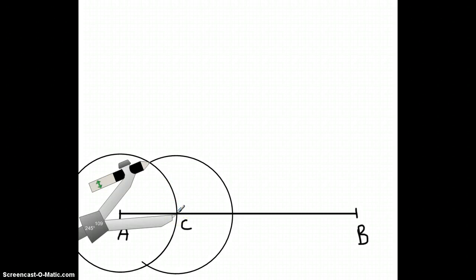Every point on C is going to be a distance R from the center of the circle C to the circumference of the circle.